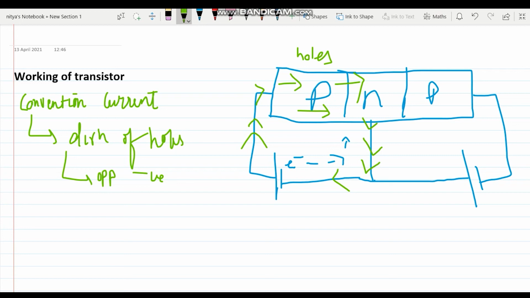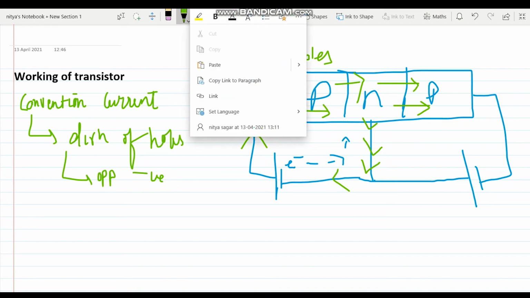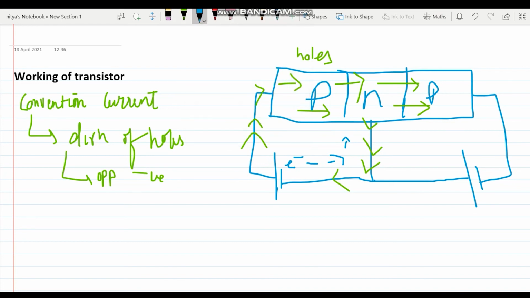Further, holes travel to the collector plate. In a similar manner, as I suggested earlier, electrons from here travel to here. So now the direction of current will be in this way.